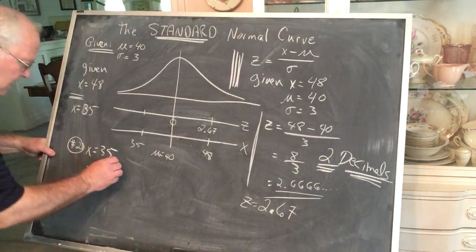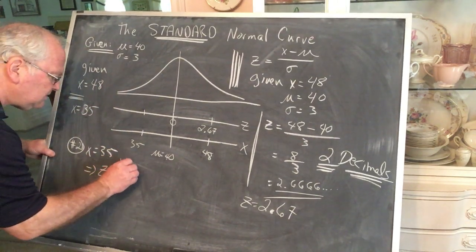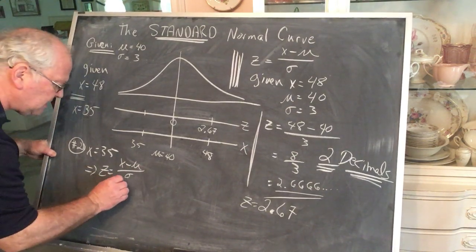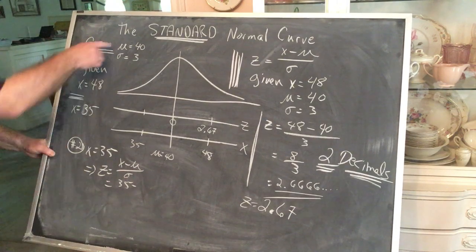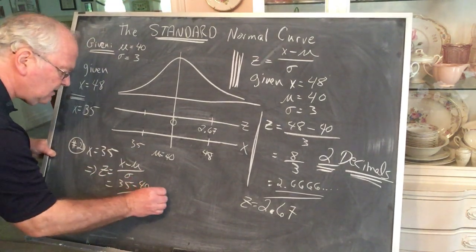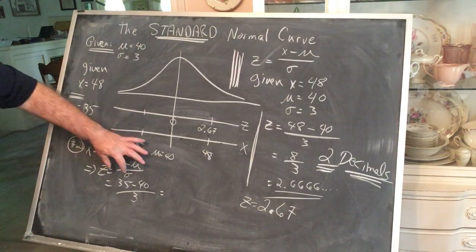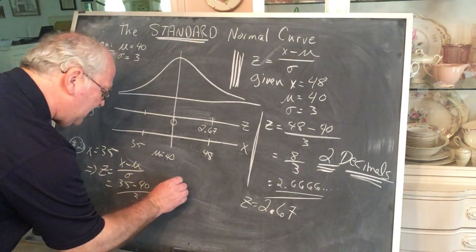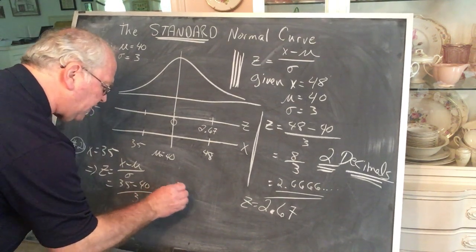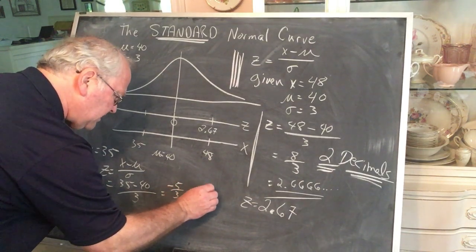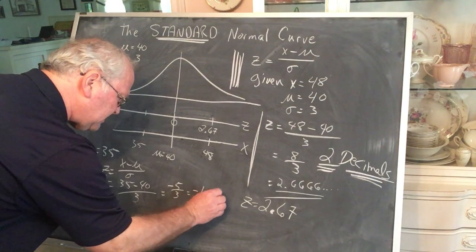So z is x minus mu over sigma, which in this case is 35 minus mu, which is 40, over sigma, which is 3. Again, be very careful. Put 35 minus 40, hit equals, and then divide that by 3. This becomes negative 5 over 3, which is negative 1.66666.